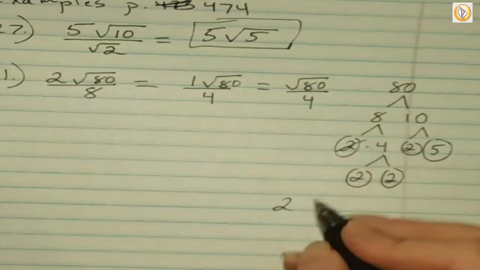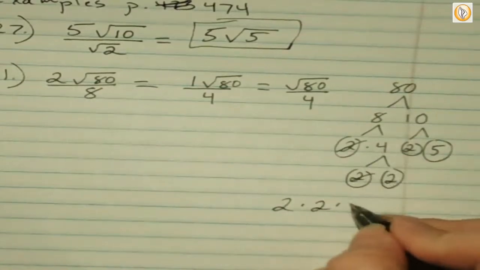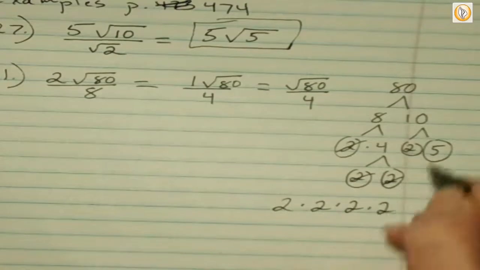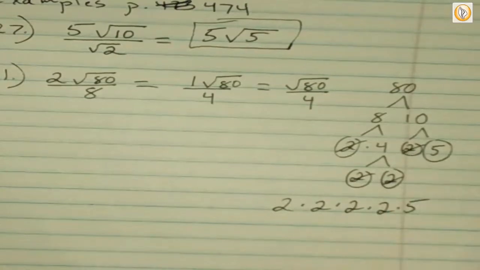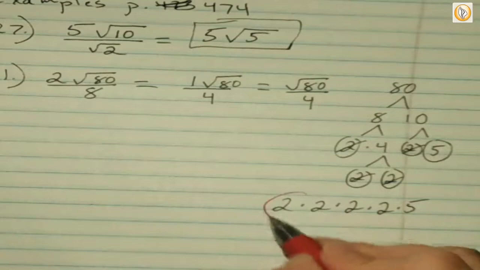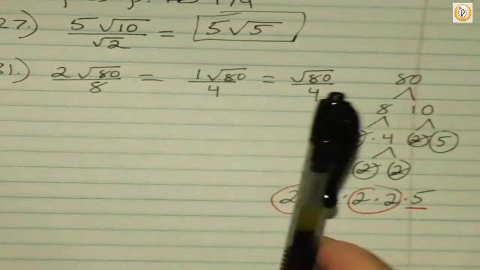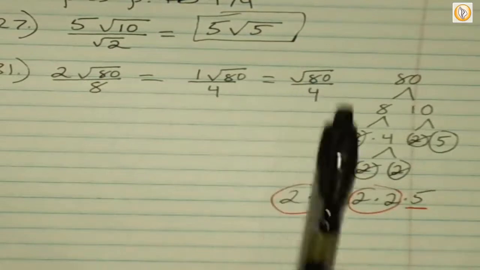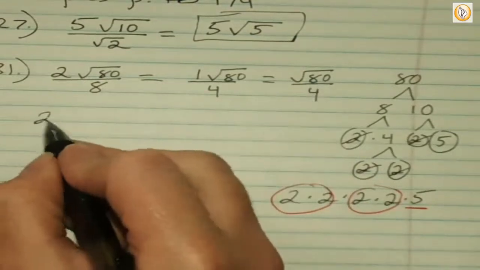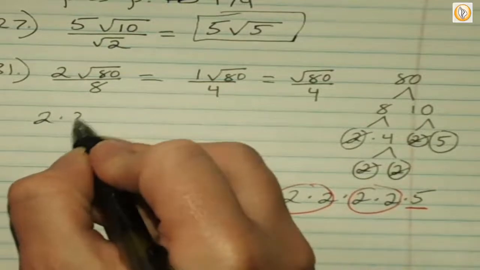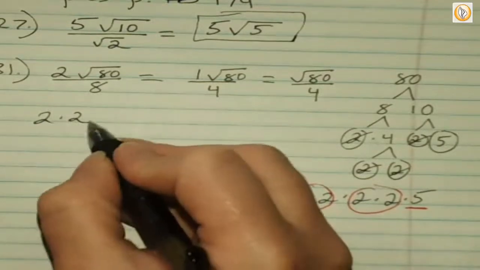All right, so I have a 2 times a 2 times a 2, 2, and 5. So I circle my pairs of 2s. Now, remember, we're changing this. So look what I do. The 2 and the 2 go on the outside.